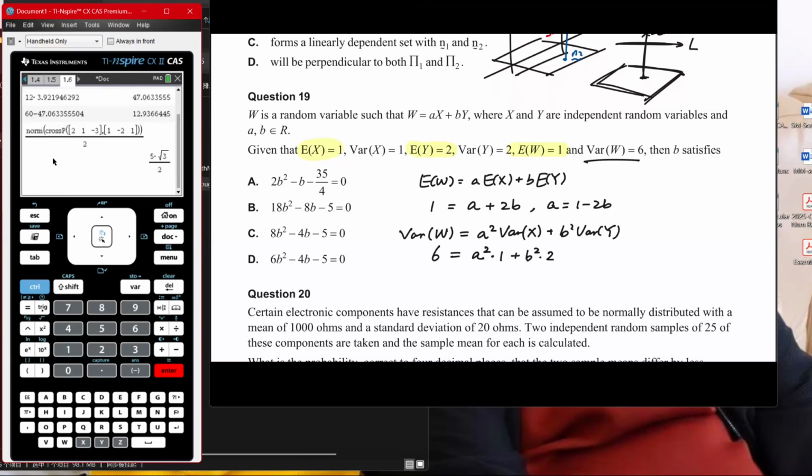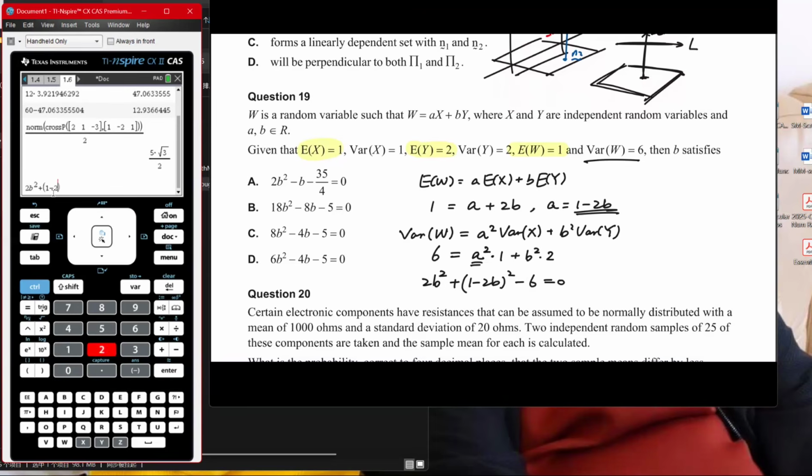So I'm going to get 2B squared plus A squared, which is (1 minus 2B) squared, minus 6 equals 0. You'll actually get 6B squared minus 4B minus 5, so option D.